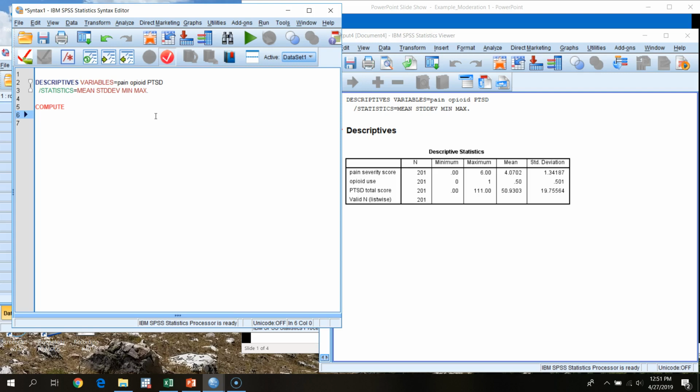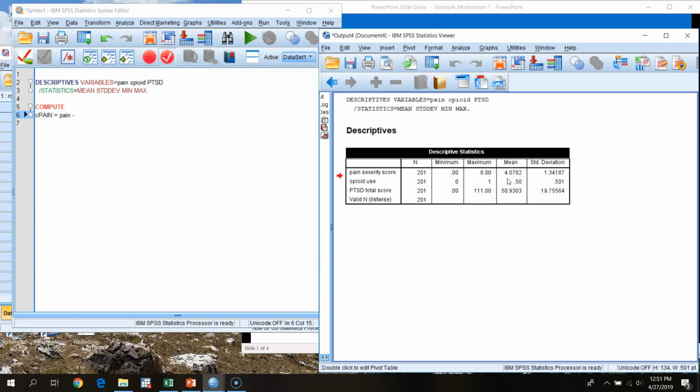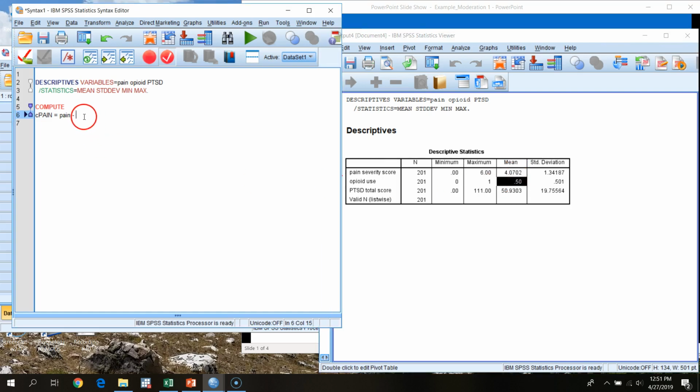We'll call this centered pain, equal to my pain variable minus the mean, 4.0702.